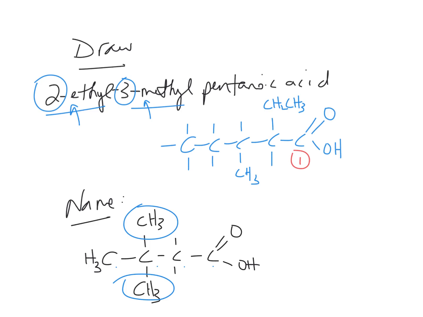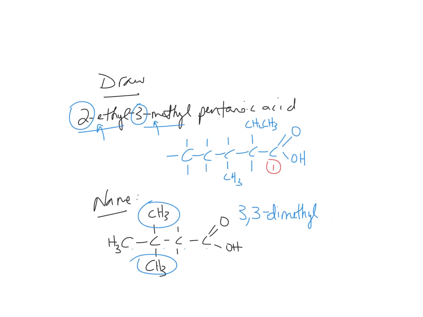So we say it's a 3,3-dimethyl, because there are 2 methyl groups. 3,3-dimethyl, and I should write it all as one word here. Dimethyl butanoic acid. Ta-da!